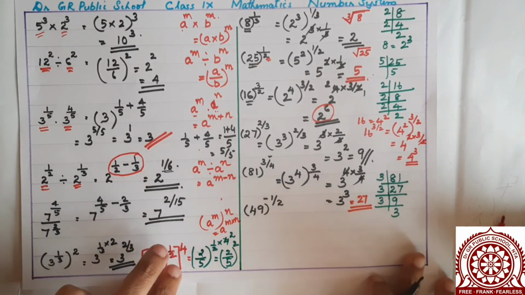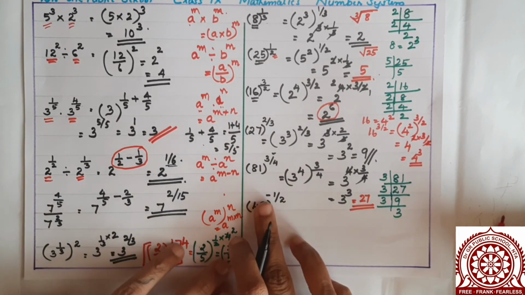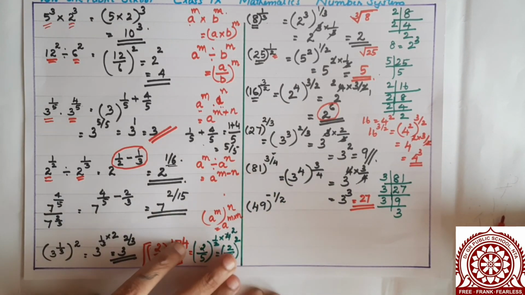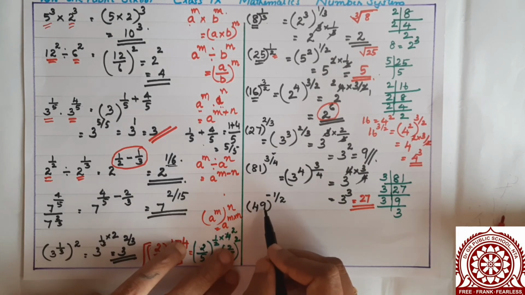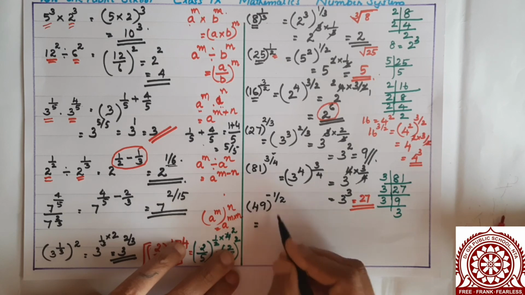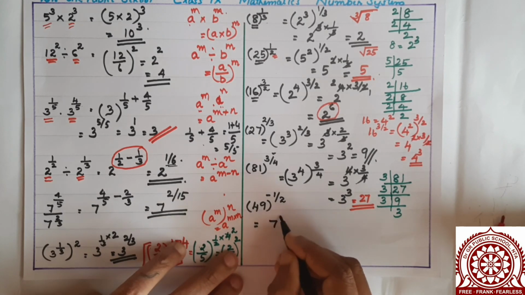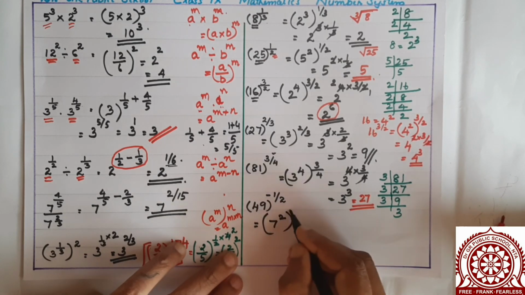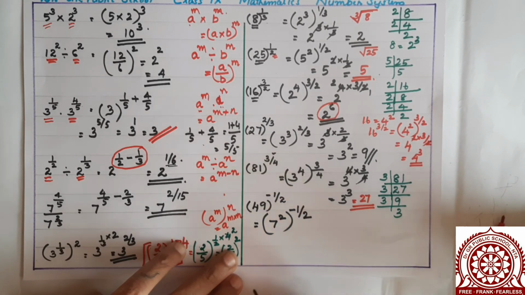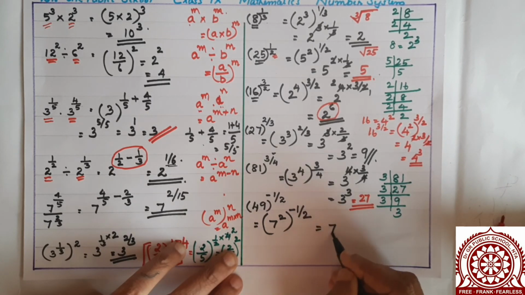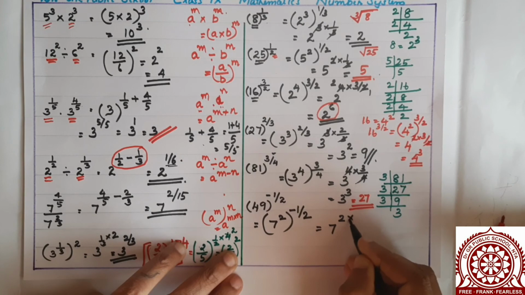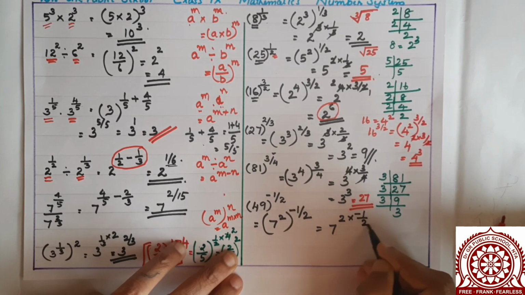What is it? 49 raised to minus 1 by 2. 49 how can we write? 7 square, isn't it? So 7 square the whole raised to minus 1 by 2. It is 7 raised to 2 multiplied by minus 1 by 2.